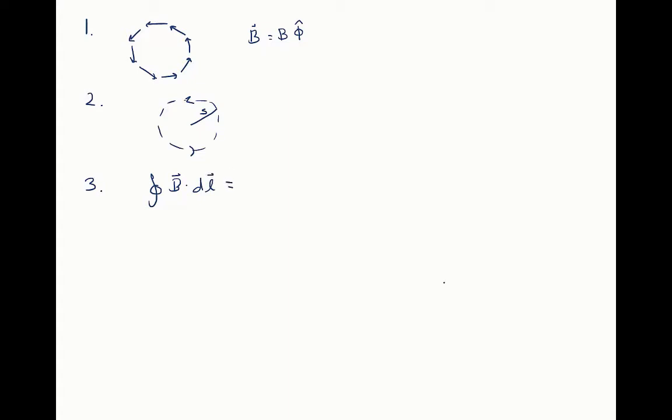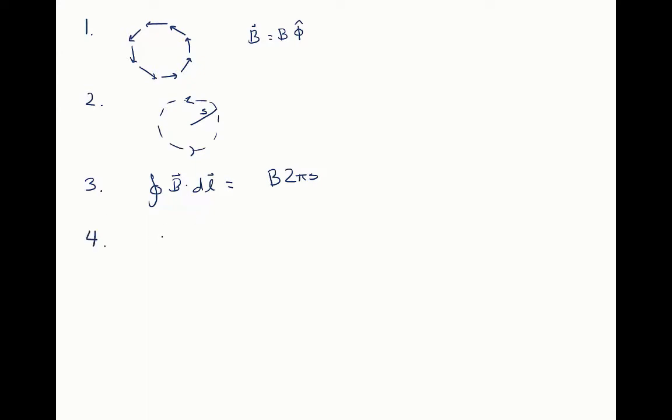We already did this just a few minutes ago, so we just need to multiply b times the length of the path, so it's b times 2 pi s. The radius is s, because that's our Amperian loop, it is not r because that's the thickness of the actual wire. And this is positive because we defined our path to be in the same direction as the magnetic field.